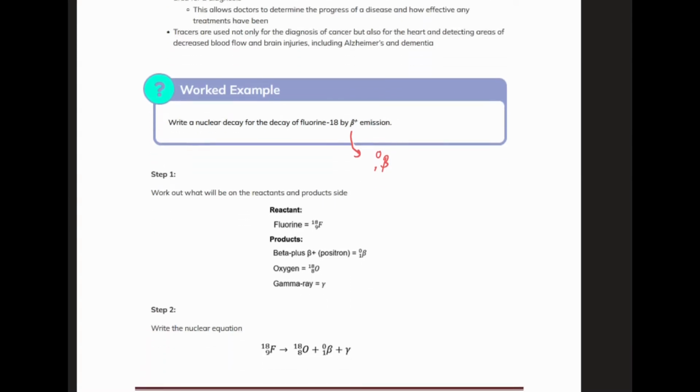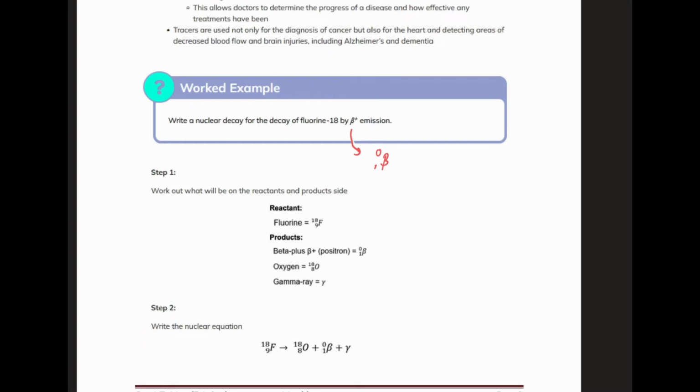So let's take a look. First of all, the first step, work out what will be on the reactant and product side. On the reactant side, we have fluorine-18, 18, 9 fluorine. And then on the products, we have beta positive, that is beta plus, the positron, 0, 1.